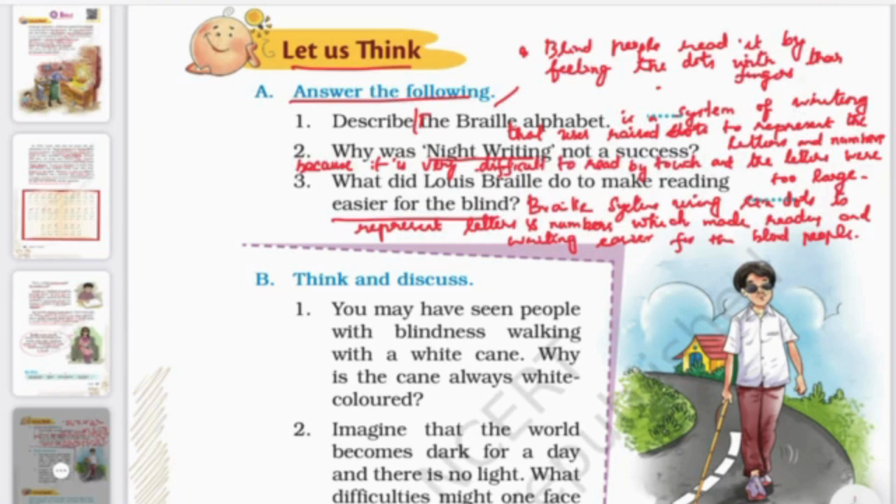Next, think and discuss. You may have seen people with blindness walking with a white cane on the roads. Why is the cane always white in color?